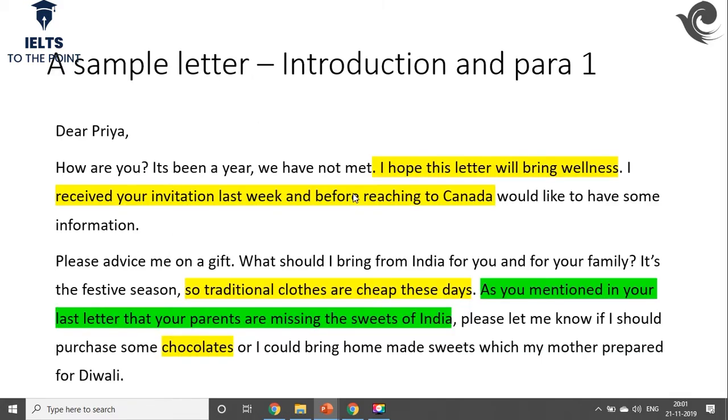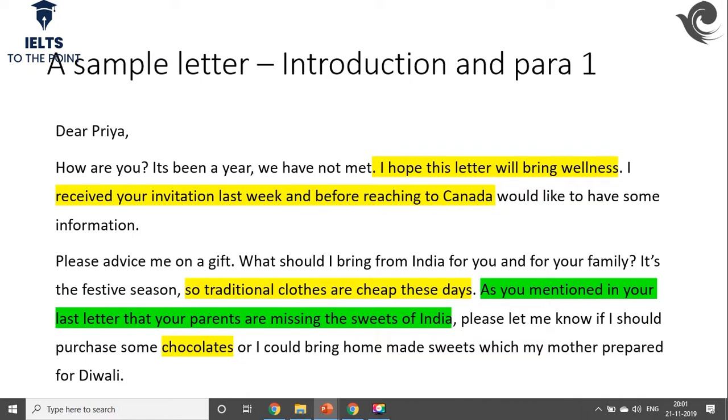Now, if you go to the first instruction, it says ask suggestions on what should you gift her family. Please advise me on gift. Which gift? There is no reference to this particular sentence. When I'm reading the introduction, and then I switch to the first body paragraph, I would expect that there is some connection.